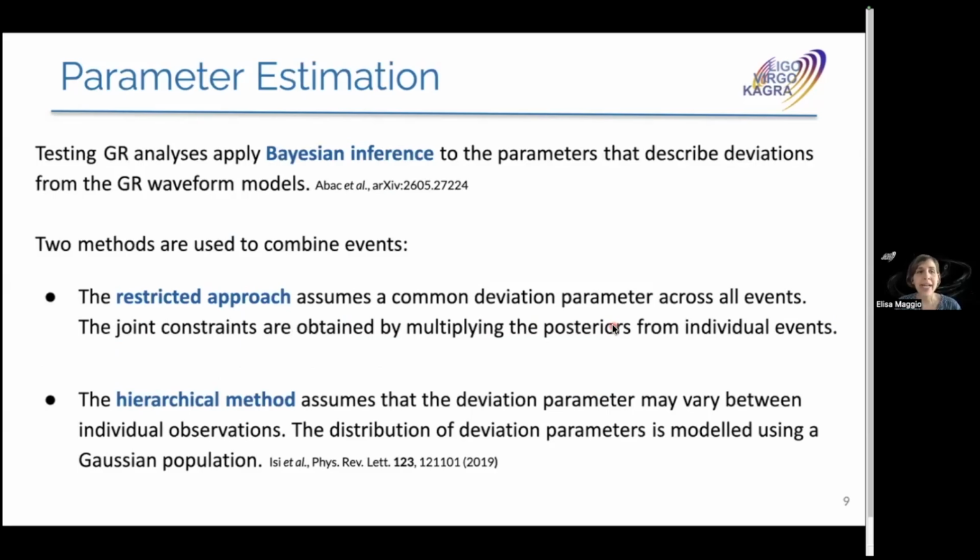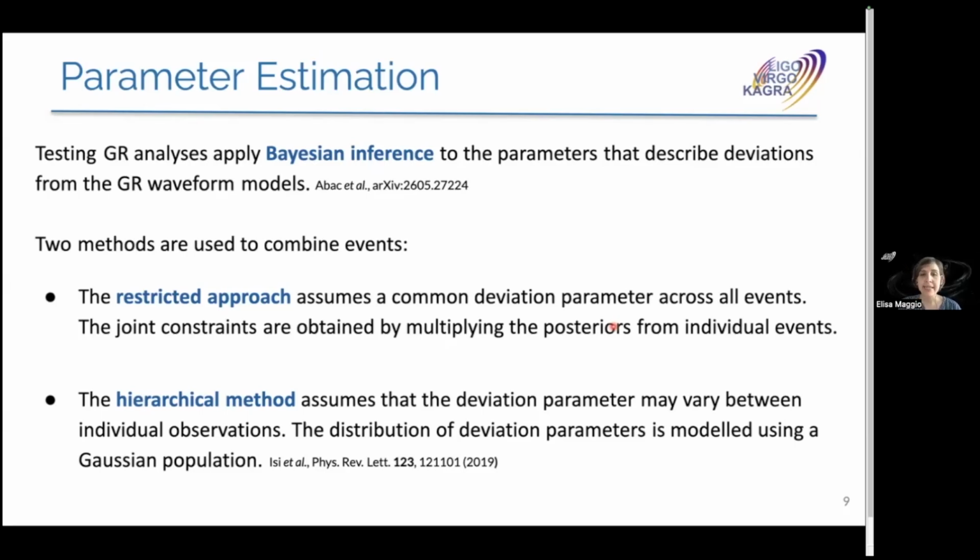In doing our analysis, we apply Bayesian inference techniques to estimate the parameters that can possibly deviate from waveforms in general relativity. After analyzing the selected events, we combine them in two possible ways.